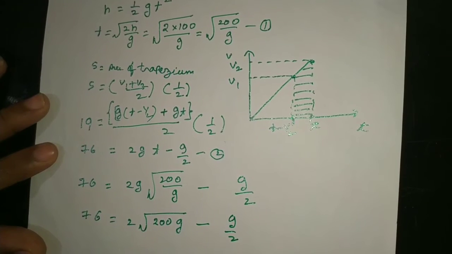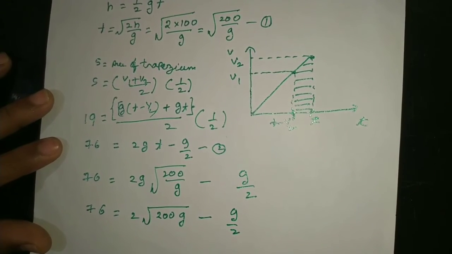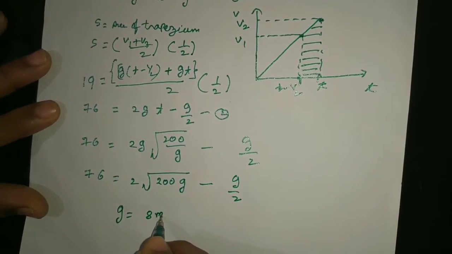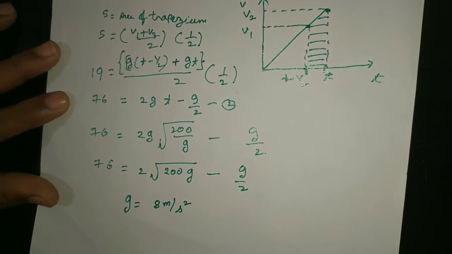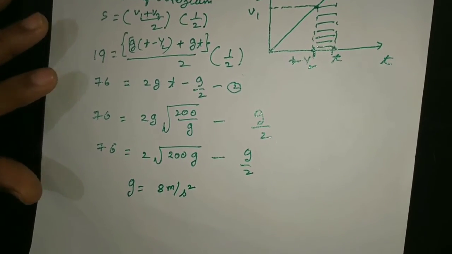On simplifying and verifying with the options, we get g is equal to 8 meters per second square. It is an integer question, so the answer is g equal to 8 meters per second square.